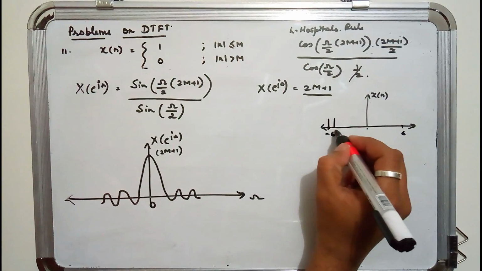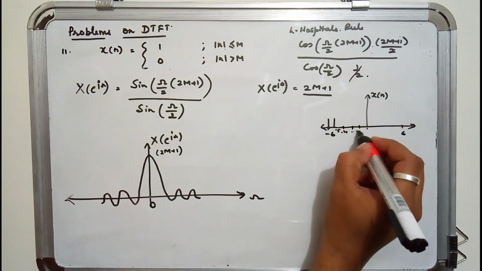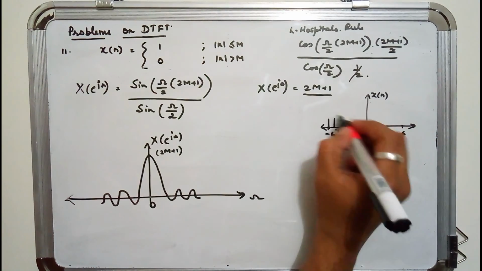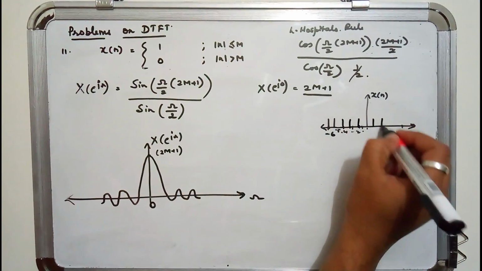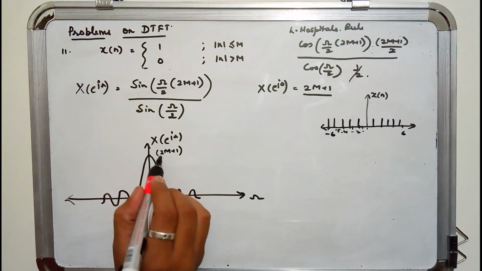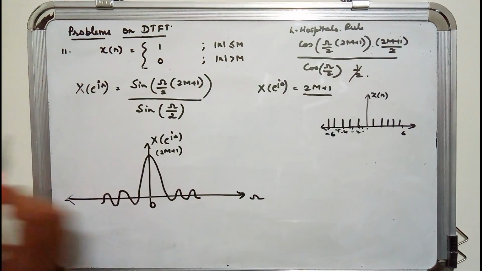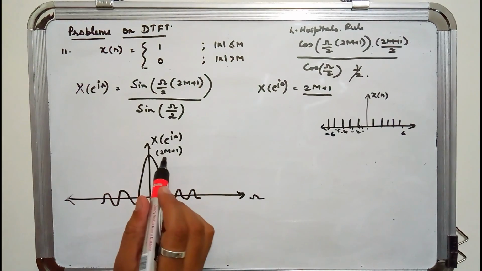So the samples minus 5, minus 4, minus 3, minus 2, minus 1, 0 until 6, all the samples are 1. If this is the specific case, then the amplitude here is 2 into M plus 1, that is 13.